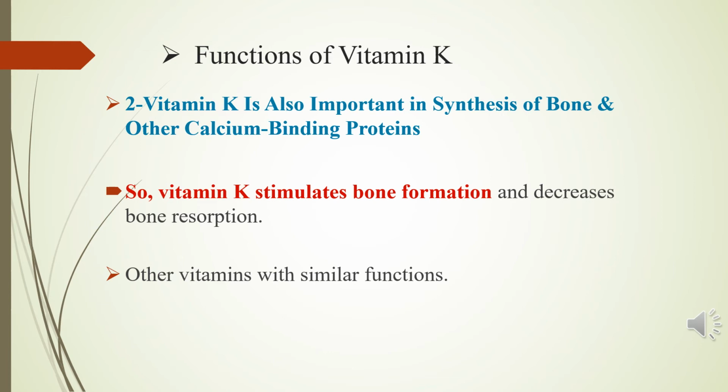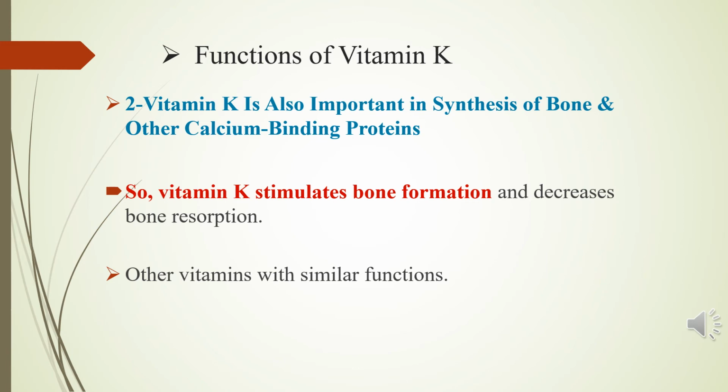So through this osteocalcin, vitamin K stimulates bone formation and decreases bone resorption. And deficiency will be associated with weak bone formation due to reduced osteocalcin, which is a calcium binding protein in the bone matrix.